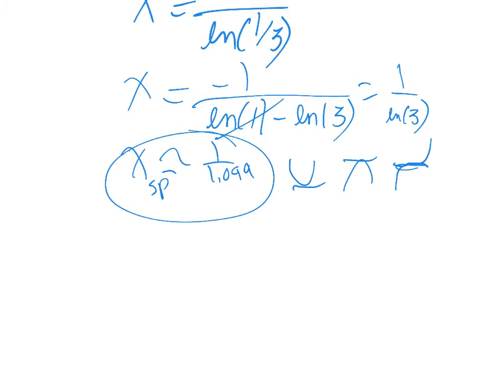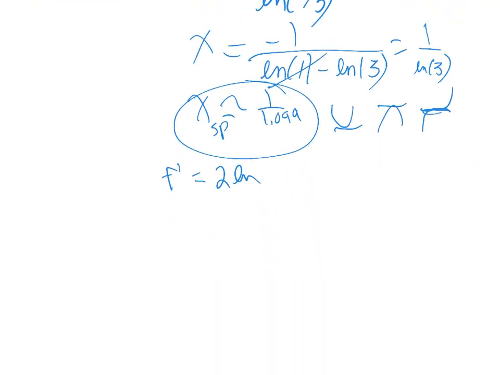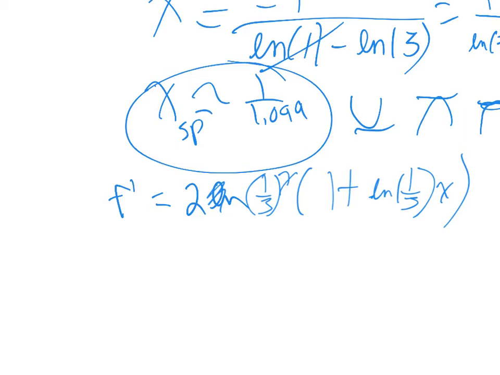Okay, so we know that f prime equals 2 times 1/3 to the x, 1 plus ln 1/3, like so.